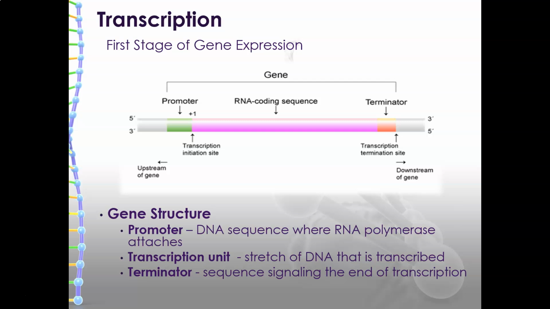You have a promoter sequence, which is often common to that particular species or particular set of genes in that species, a sequence that your cells recognize to know that this is the start. You have the actual transcription unit or RNA coding sequence in the middle.